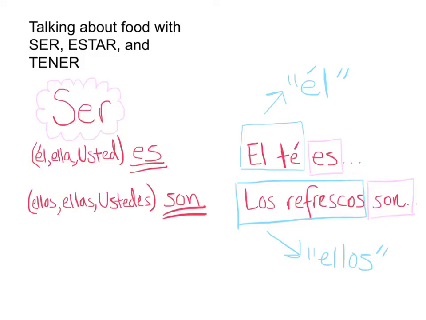That's the él form. Es is the él form because el té corresponds with the pronoun él. Los refrescos son. So los refrescos corresponds with ellos. So that's why we have to use the form son of ser. And again, this is to describe permanent characteristics of food.